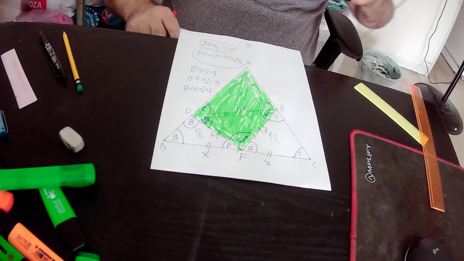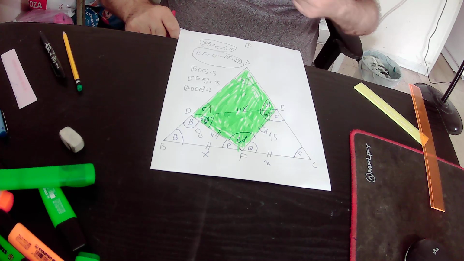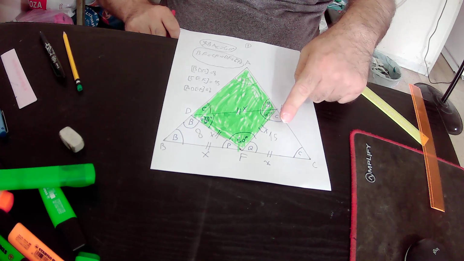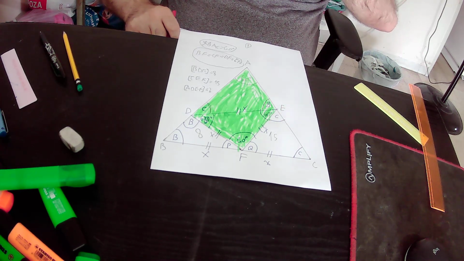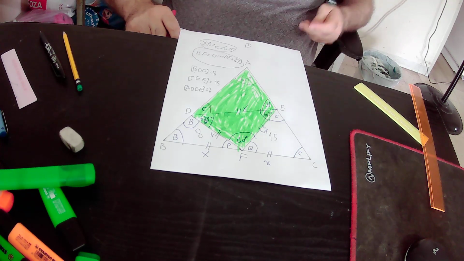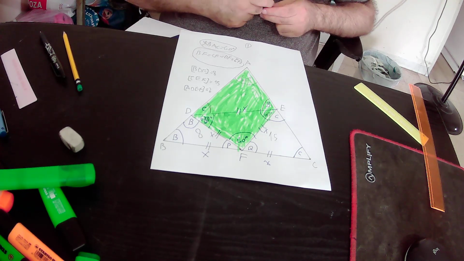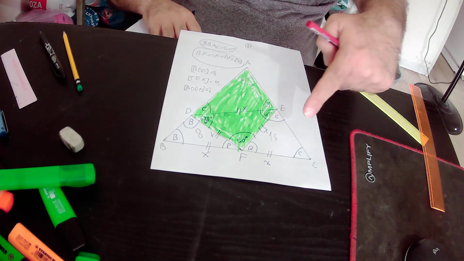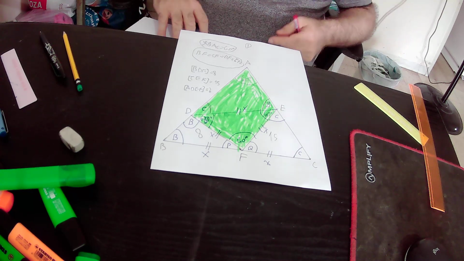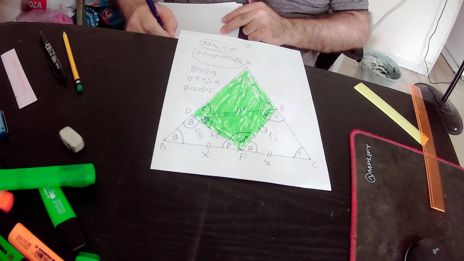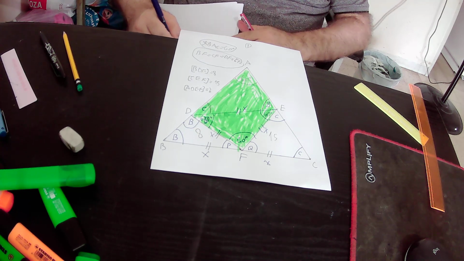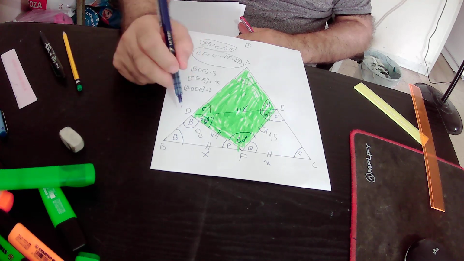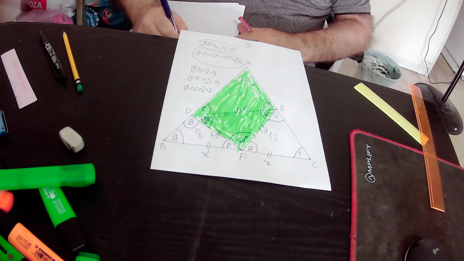We will use the formula for the area of the triangle in order to express this area, that is 15 square units, by its formula. So the area of triangle EFC equals 15 square units, and the area of triangle DBF equals 8 square units.